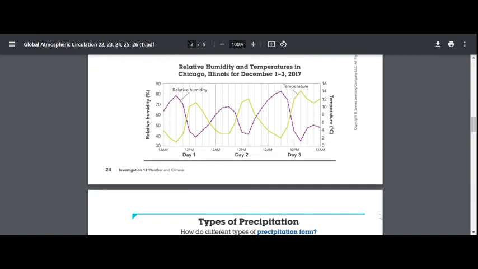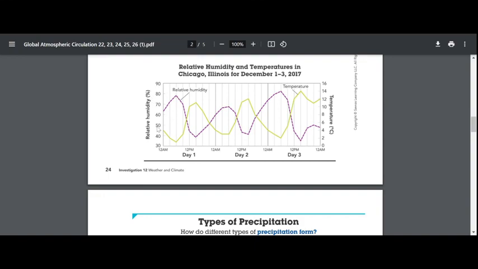So up next, we see a graph that shows the relative humidity and temperature in Chicago, Illinois for December 1st through 3rd, 2017. We know that the green represents the temperature, and the dashed purple line represents the relative humidity.